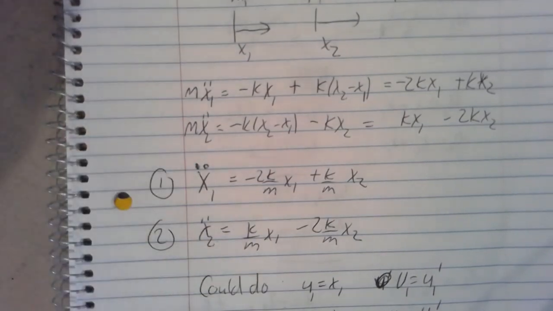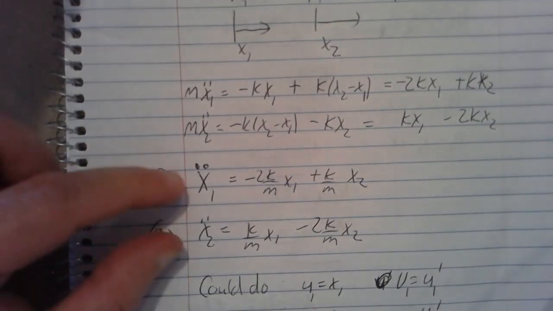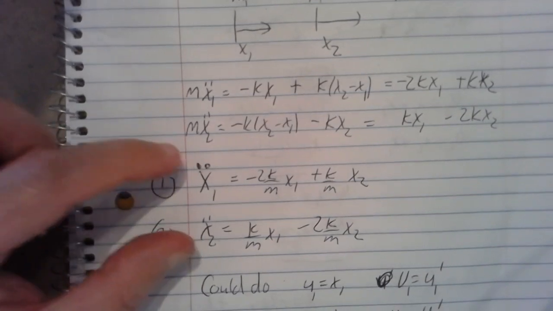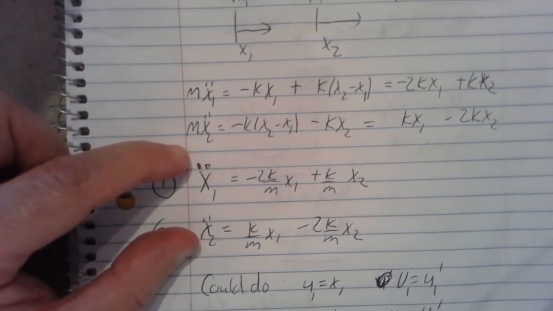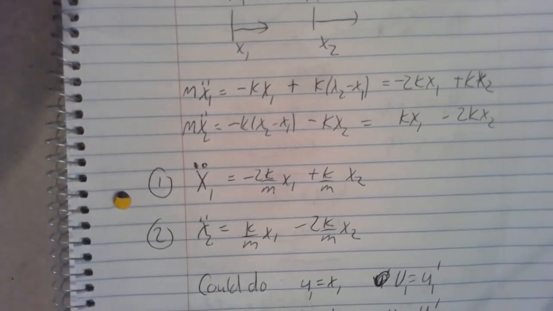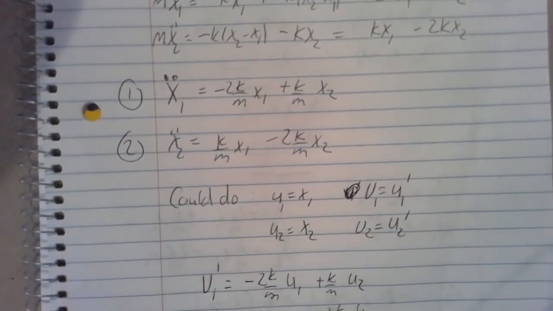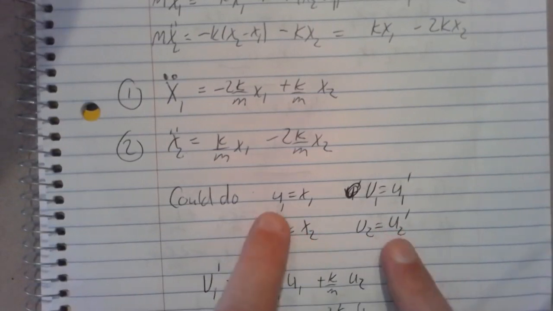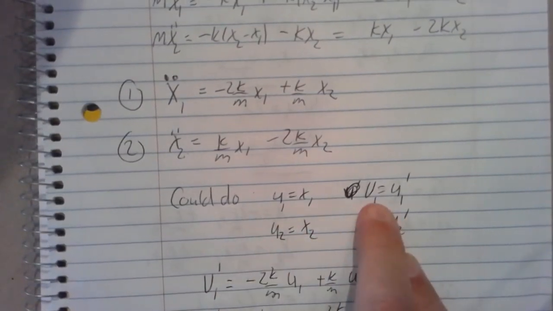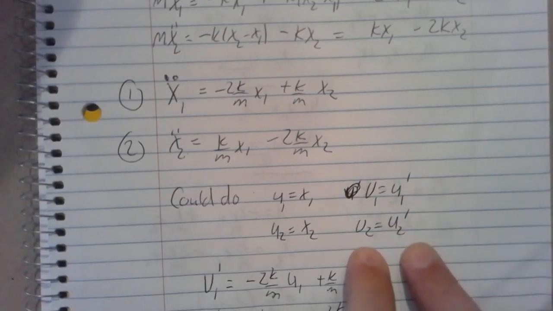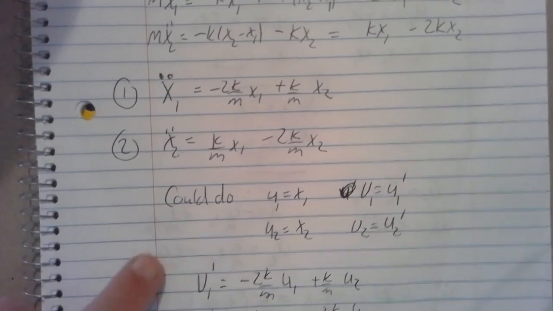Now we could do what we did in a previous video and turn this, rather than a system of 2 second order DEs, into a system of 4 first order DEs. So I could make all of these substitutions. I've got all these u's and v's all over the place. u1 is x1, u2 is x2, v1 is u1 prime, v2 is u2 prime, all this stuff.